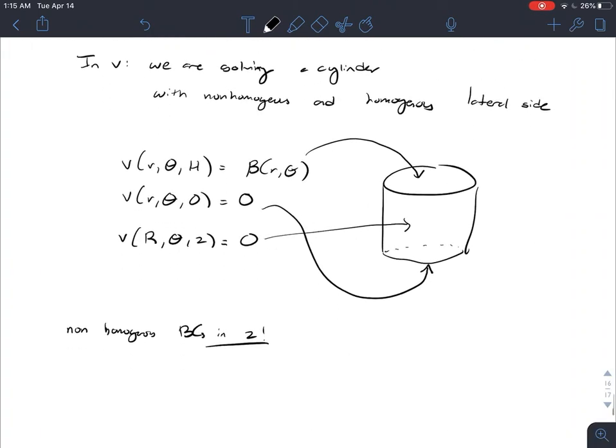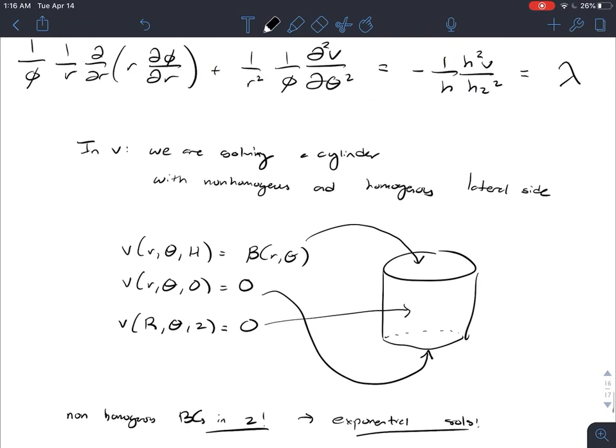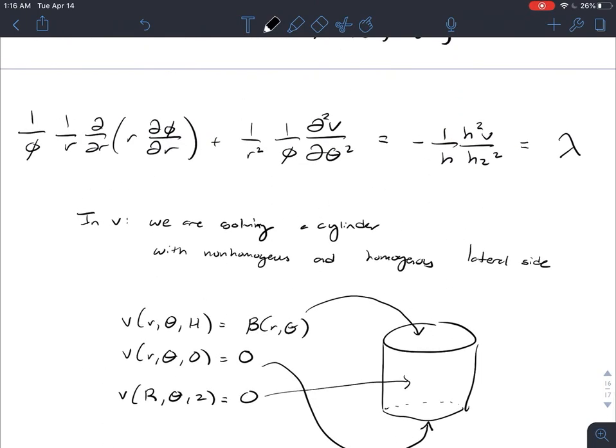And seeing that we have non-homogeneous boundary conditions in z, we're going to want exponential solutions. And the way to get exponential solutions is to make this equation satisfy that condition.